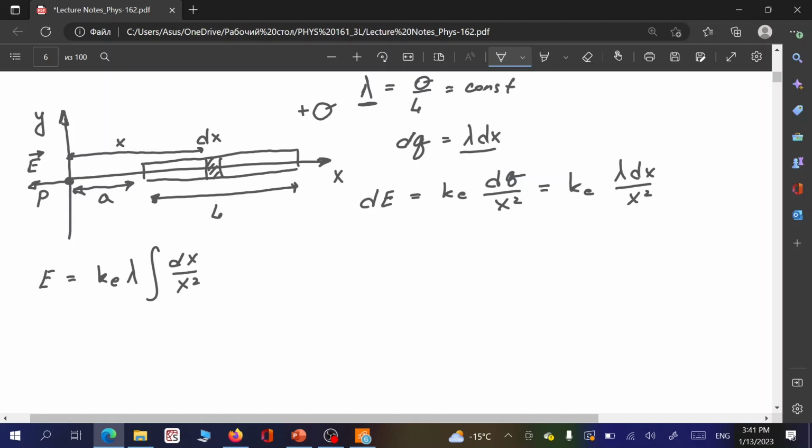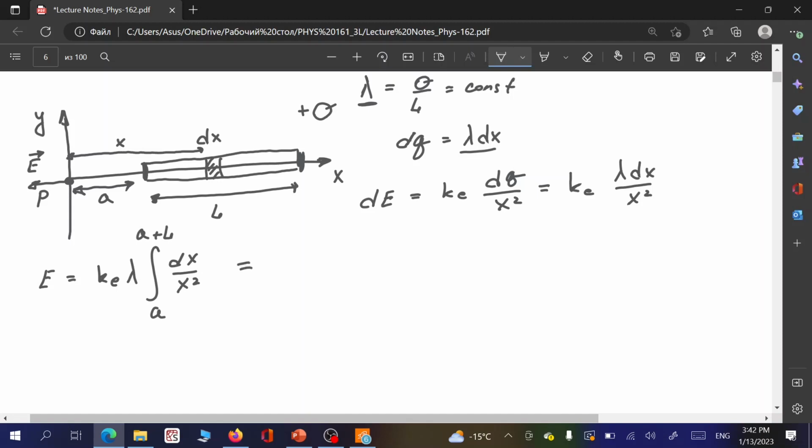Now we also need to define the limits of the integral. It starts where we start, at this point, which is a, and at this edge, A plus L. So that is our definite integral now.